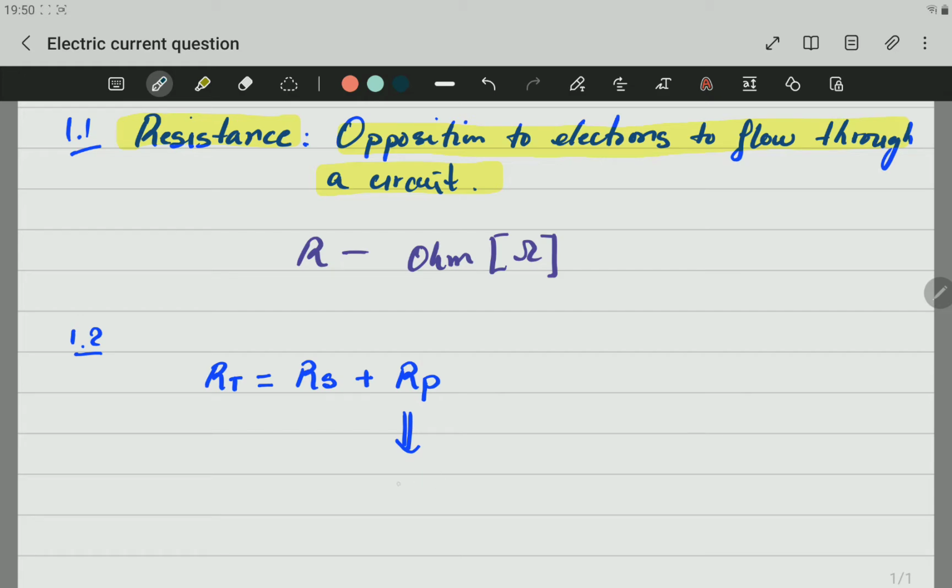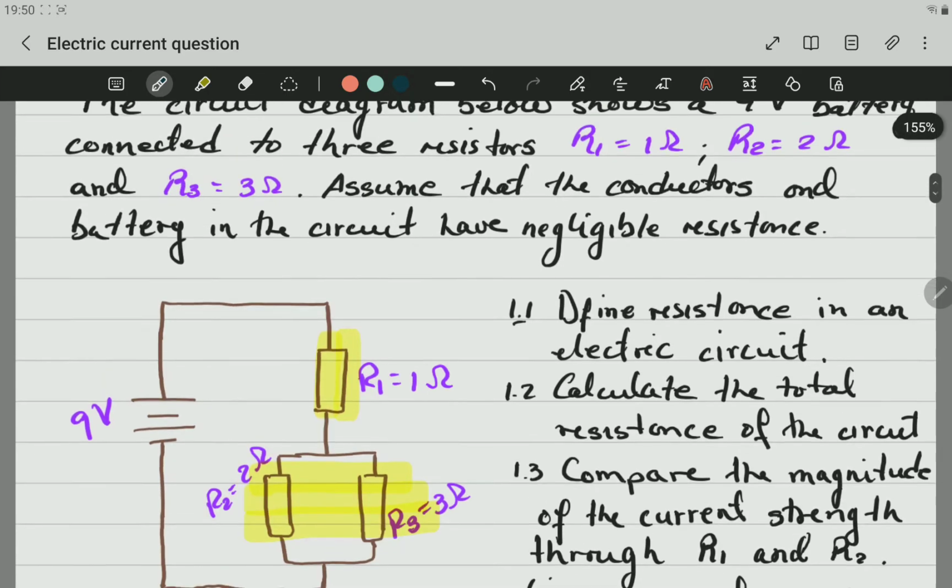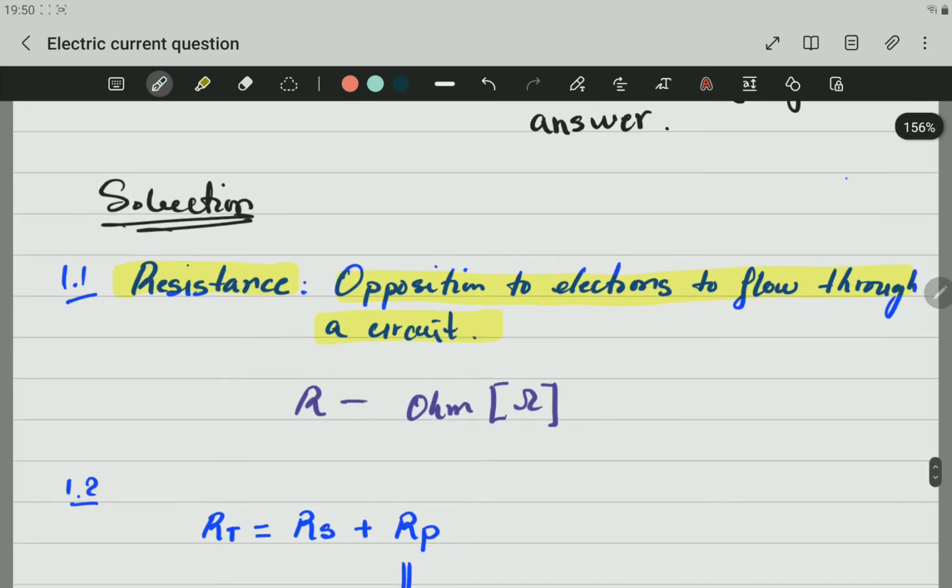How do we calculate the resistance in parallel? We have two options. Option 1, we say that 1 divided by R parallel is equal to 1 divided by R2 plus 1 divided by R3. Note that you have a 1 on top. You can see there is R2 and R3, that's why I refer to those.